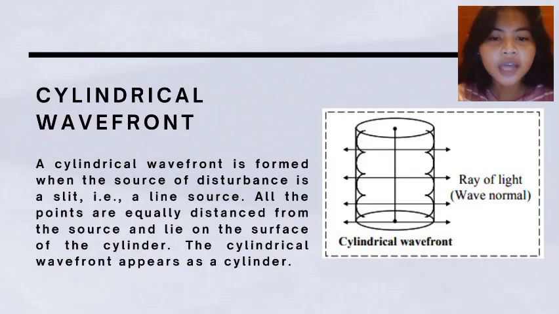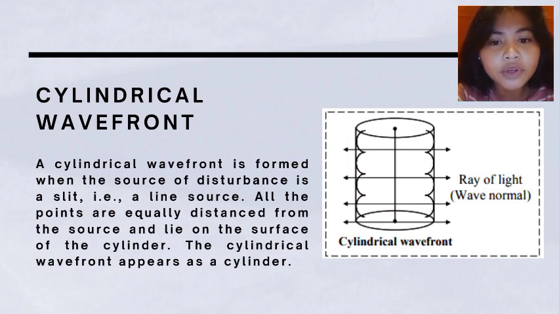Another type of wavefront is the cylindrical wavefront. On a cylinder's curved surface, all locations are at an equal distance from the source. As a result, the wavefront has a cylindrical shape. In simple terms, we get a cylindrical wavefront from a linear source of light.